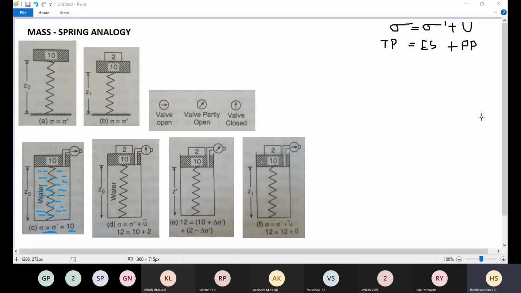Okay, so now this mass spring analogy is linked to consolidation. Now, how is it linked?